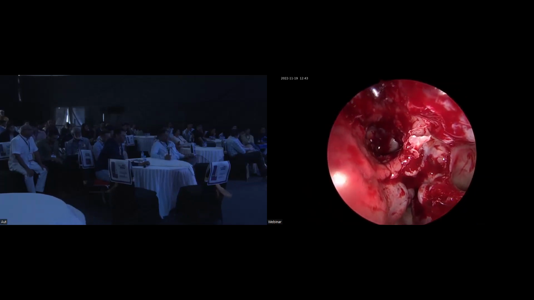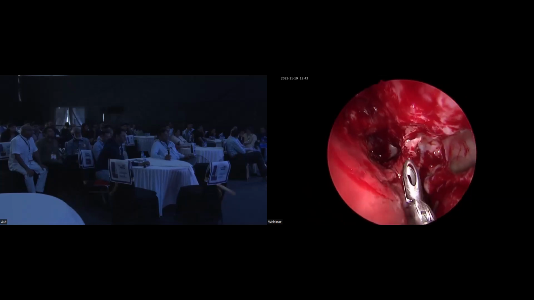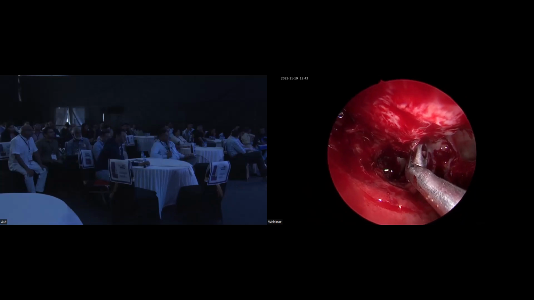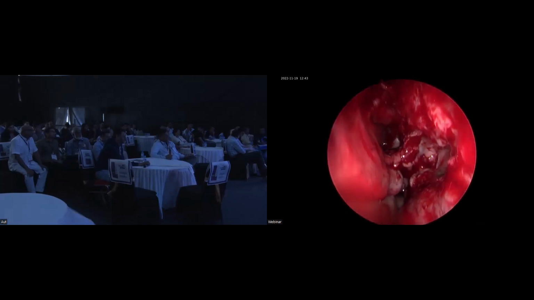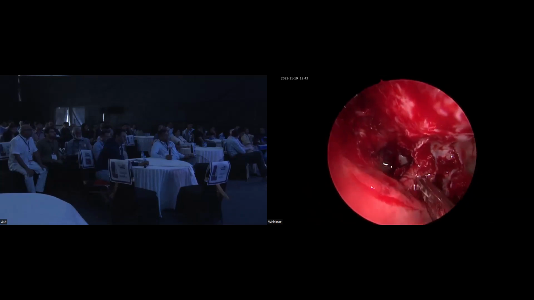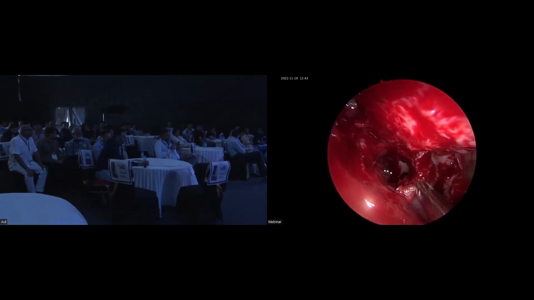I always like to keep this lower part of the bulla because it keeps the turbinate itself away from the lateral wall. If for some reason this area is diseased, then I may remove this and do a medialization.